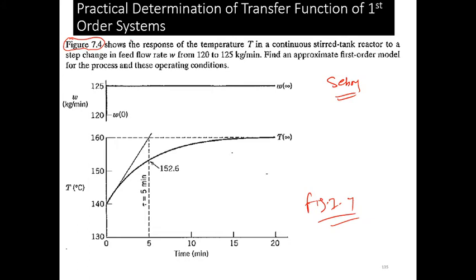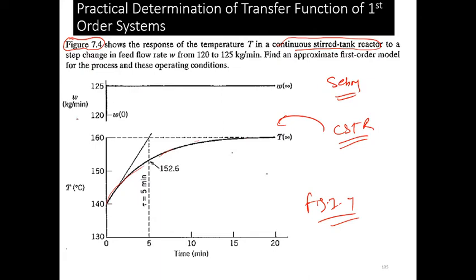Figure 7.4 shows the response of temperature T in a continuous stirred tank reactor, the CSTR, to a step change in the feed flow rate.